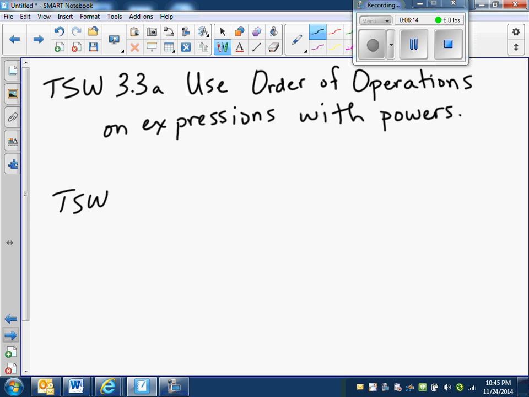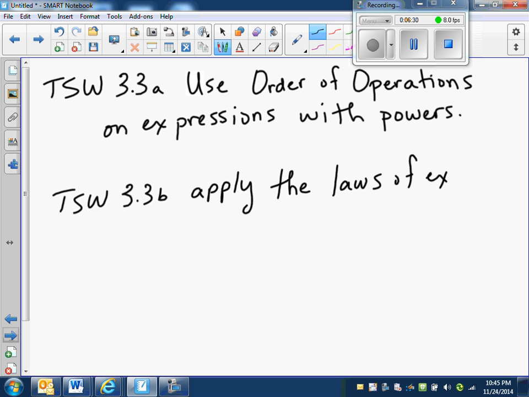The student will, in 3.3b, also in this lesson apply the laws of exponents you worked at developing in 3.2.